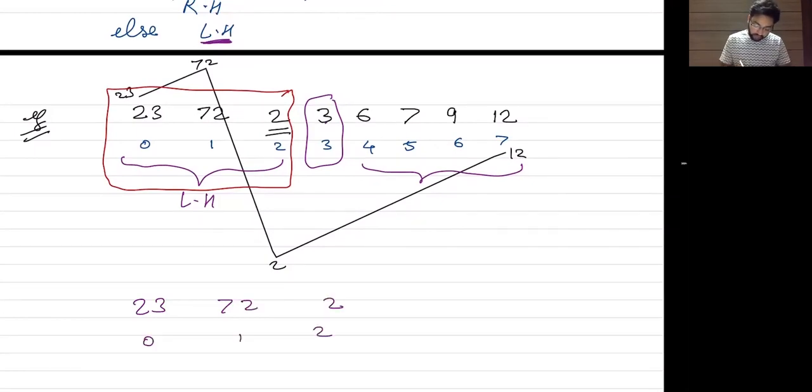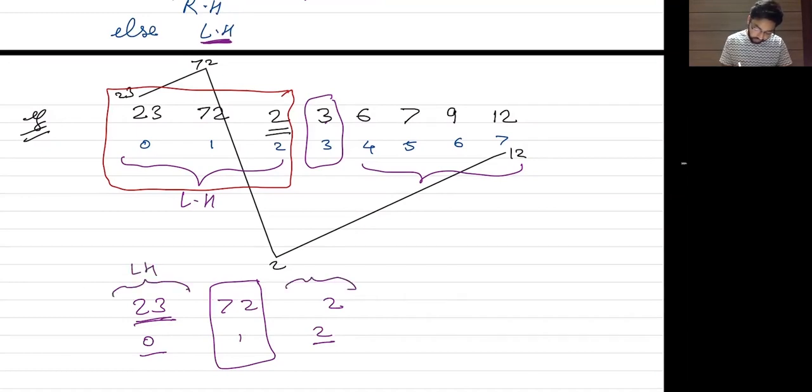And then we calculate the mid again. 0 plus 2 by 2 is 1. So the mid element is 72. Is 72 the break element? The left neighbor has to be greater than 72, which it is not. So 72 is not the break element. Now we check whether the solution lies in the left half or the right half.